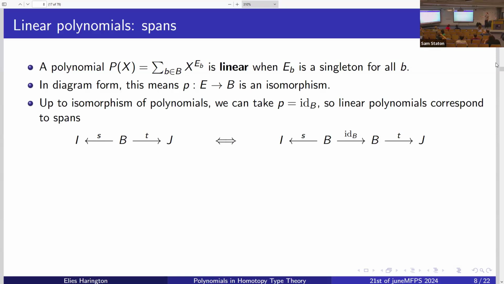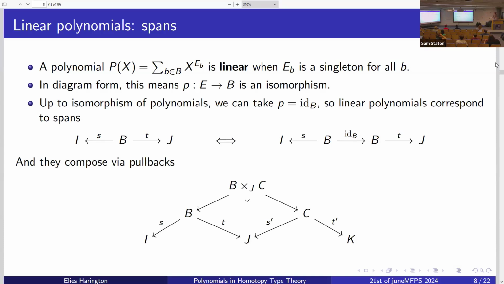So up to isomorphism of polynomials, a linear polynomial is the same thing as just a span, because we can always consider this isomorphism to be the identity. And when you see linear polynomials as spans, their composition as polynomials is actually the ordinary composition of spans by pullback.